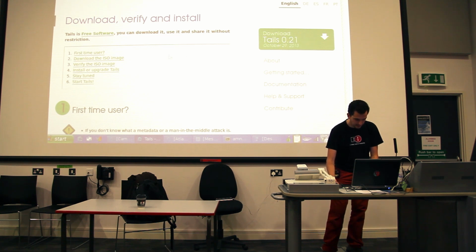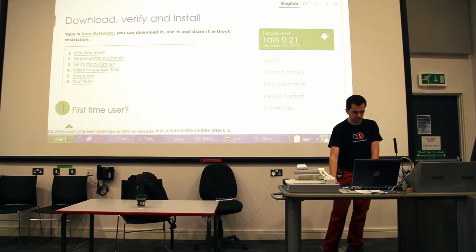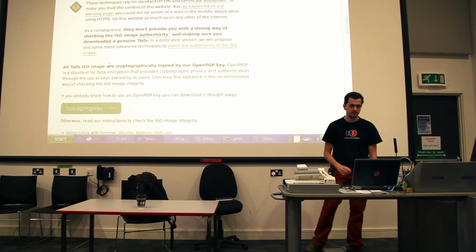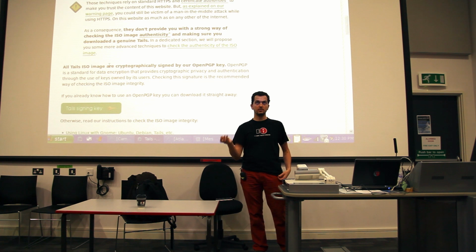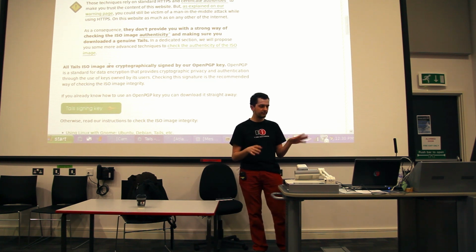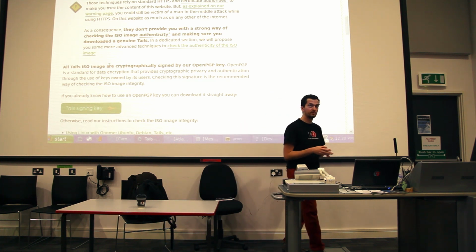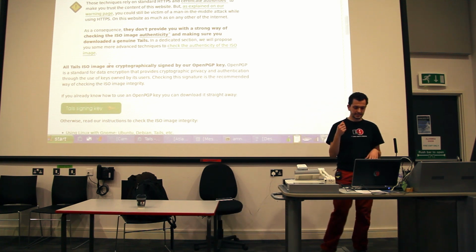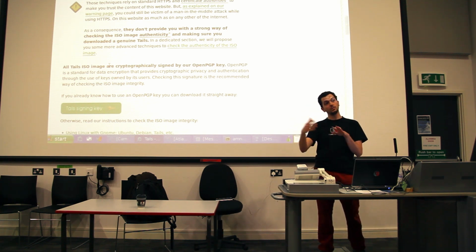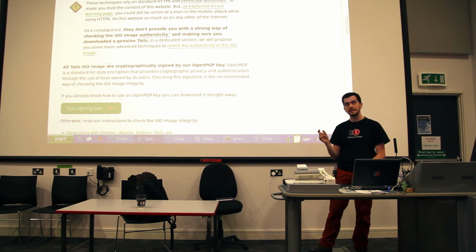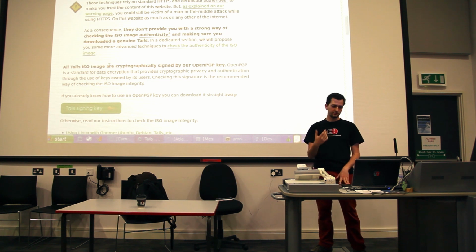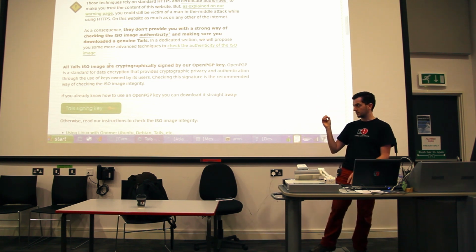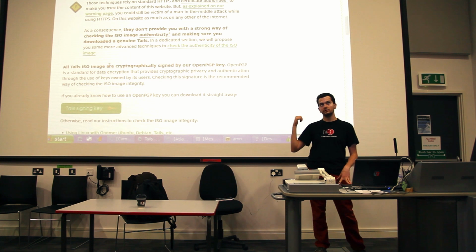How do you go about doing that? There are very clear instructions here about how to verify the ISO image, the image of Tails that you will download. There are also very good instructions. They have done a pretty decent job of providing documentation on exactly how to install it on a USB stick or on a CD-ROM drive. But before you do that, you need to verify that what you downloaded is actually what the Tails developers published and that it has not been tampered with. It involves verification of the cryptographic signature of the Tails developers.